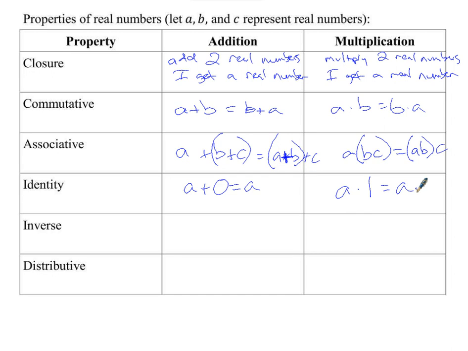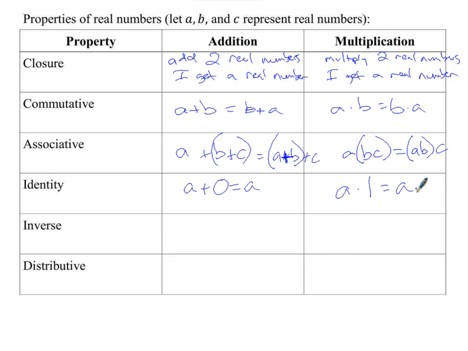Inverse property. So inverse maybe means opposite? Maybe. Kind of maybe. Keep thinking. The inverse property is like the additive inverse property. We just talked about it.